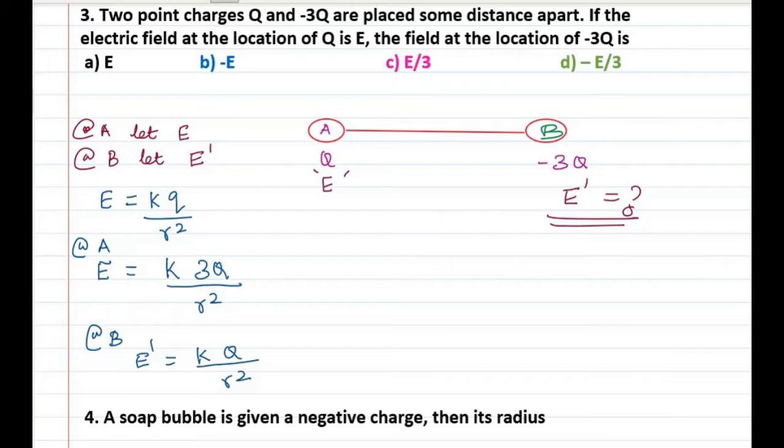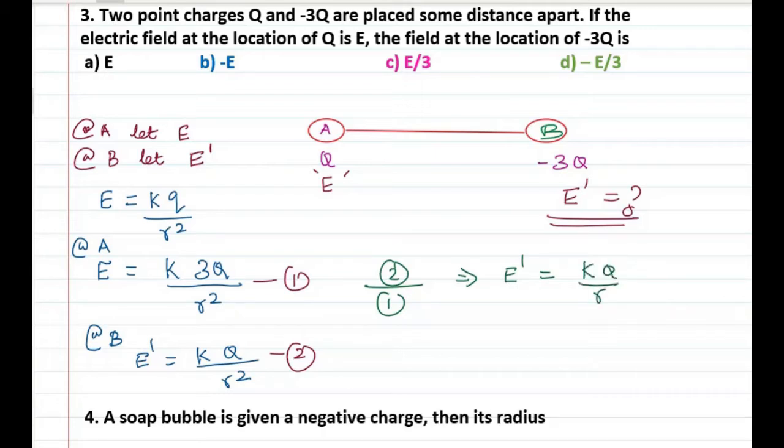Now let this equation be 1 and let this equation be 2. Just divide the second equation by the first. The second equation is E dash is equal to KQ by R square, divided by the first equation, E is equal to K 3Q by R square.